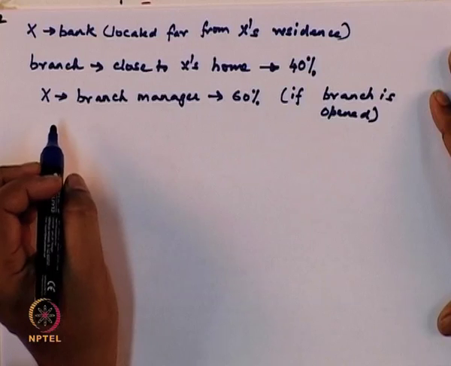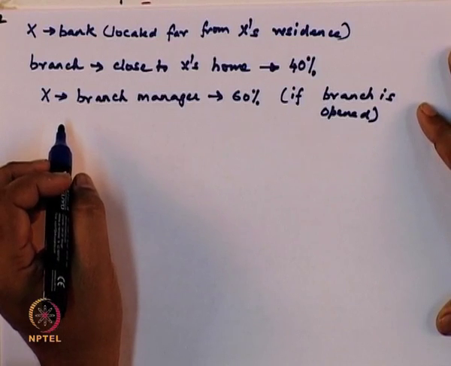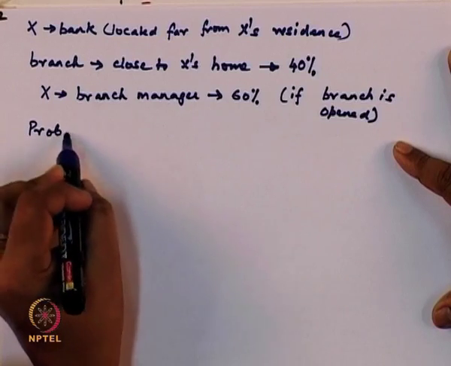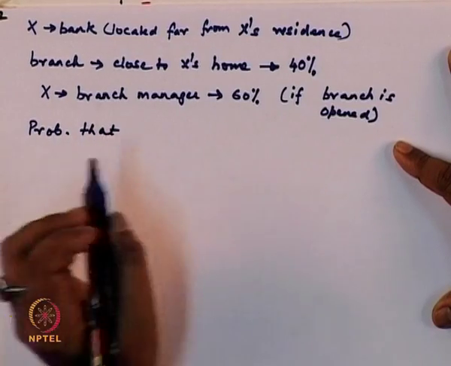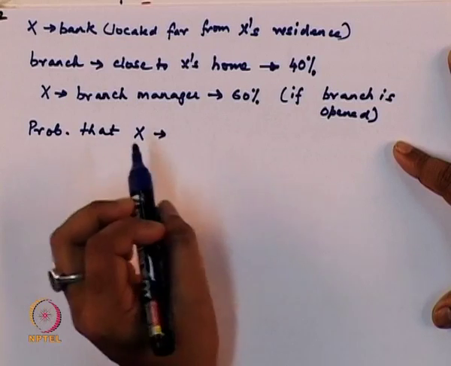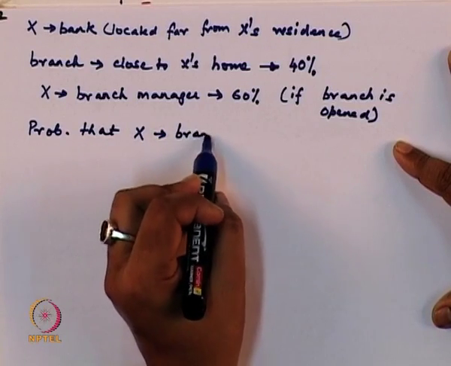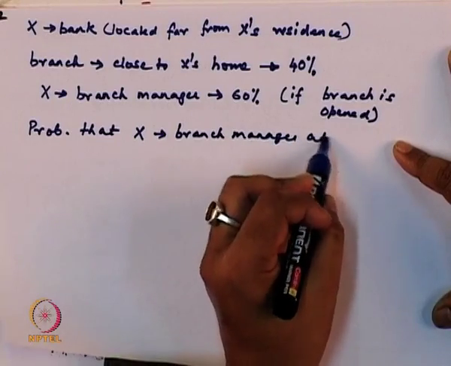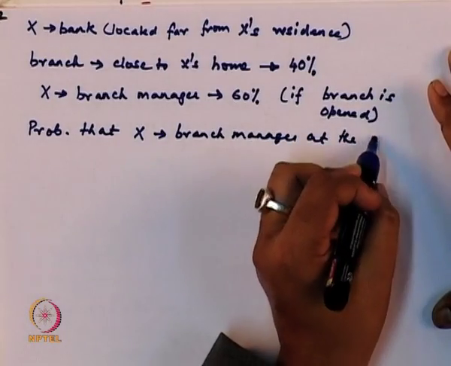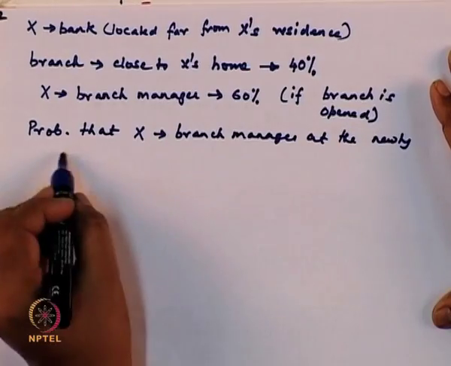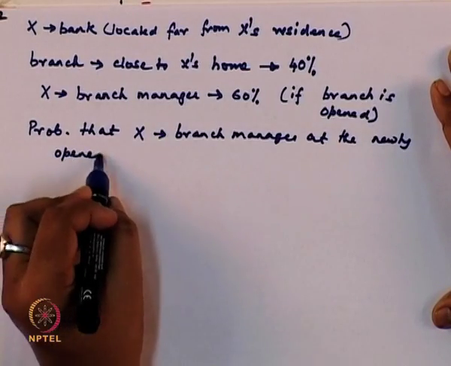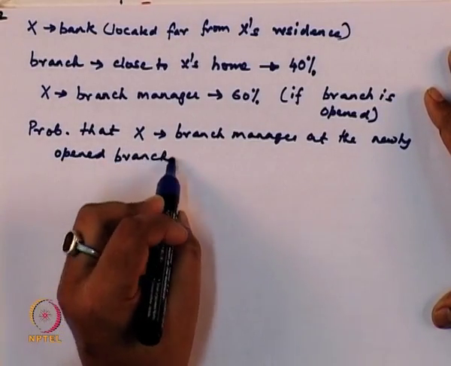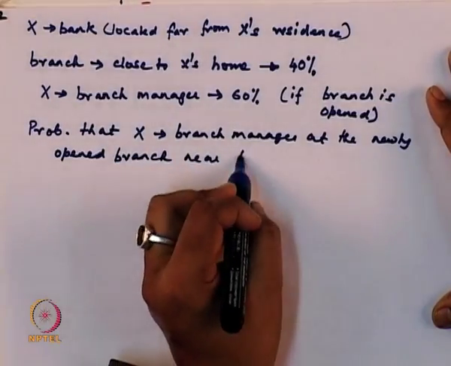So, I want to ask the question, what is the probability? You want to compute the probability that X is branch manager at the newly opened branch near his or her home.